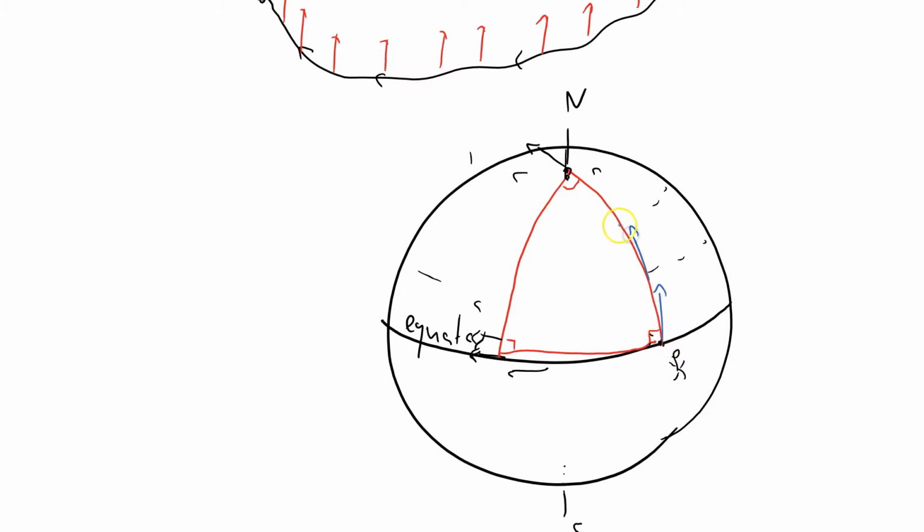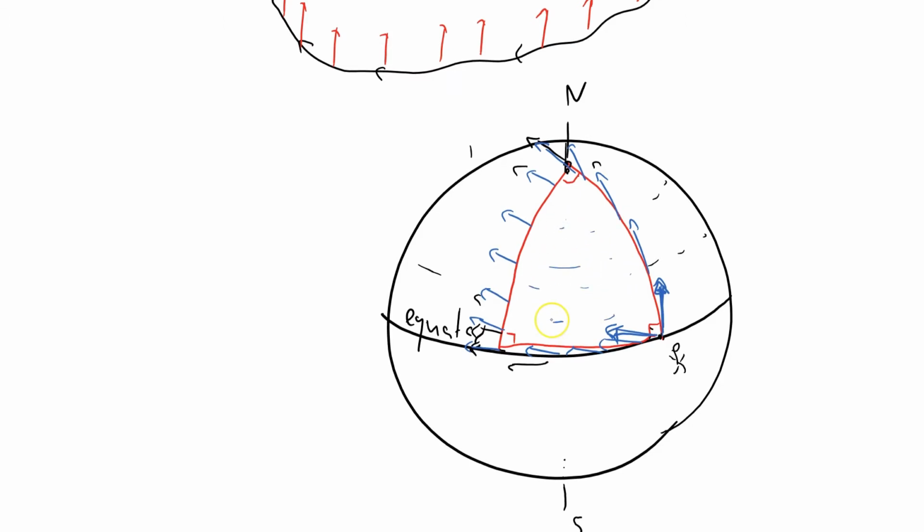So here's my vector, and it's pointing northwards. Pointing along here, pointing along here, pointing along here. Aha! It starts pointing towards the North Pole and ends up, when I get back along my triangular path around the Earth, my vector has changed. It's got a very different orientation.